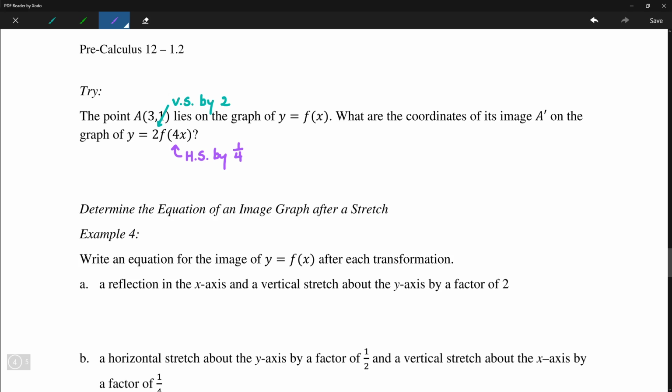So simply put, then we have A prime would be 3 times a quarter because of the horizontal stretch by a quarter. And then 1, which is the y coordinate, times 2, since the graph is vertically stretched by 2. So A prime coordinates would be 3/4 and then 2.